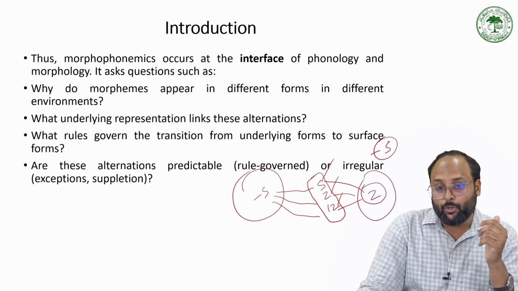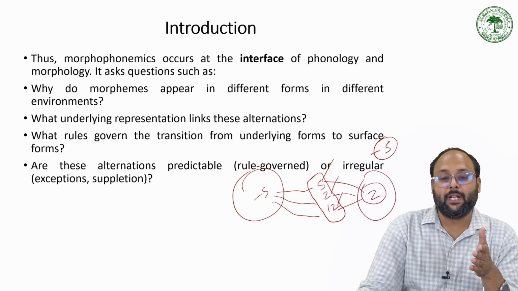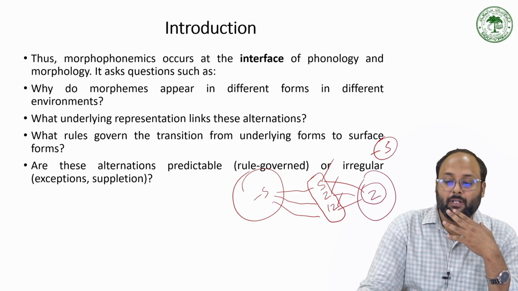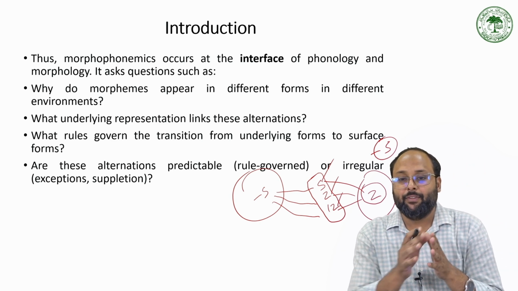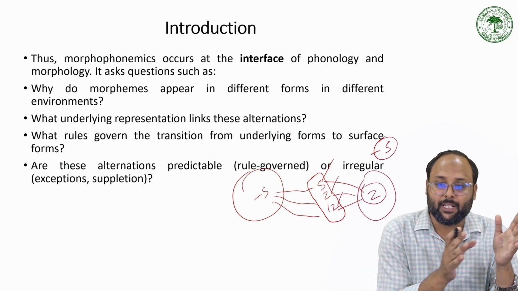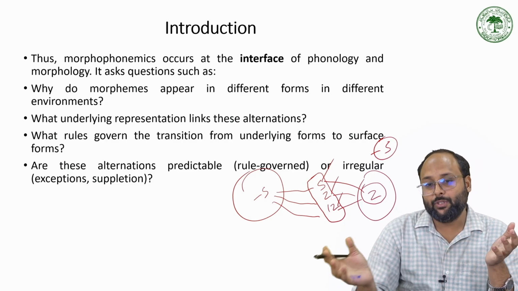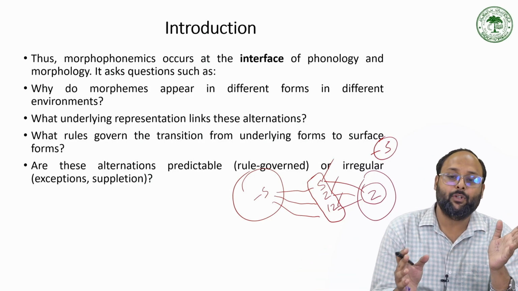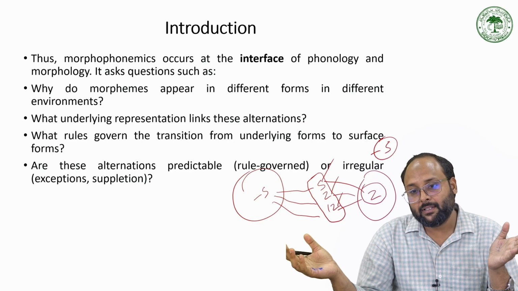So we are going to discuss or define the rules for why we have this kind of different surface representation. Rules means we are defining the position of the phoneme. For example, there are certain phonemes that occur before the sa, so it changes into za. And when certain other phonemes occur before the sa, it changes into is.